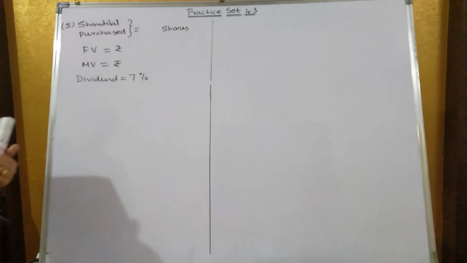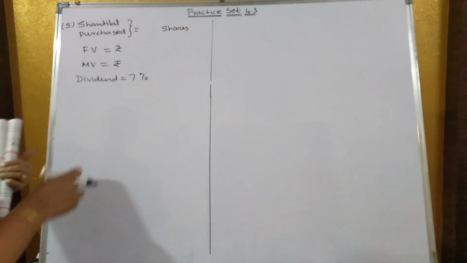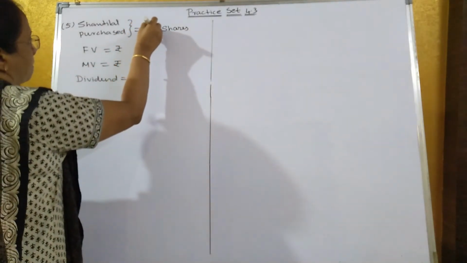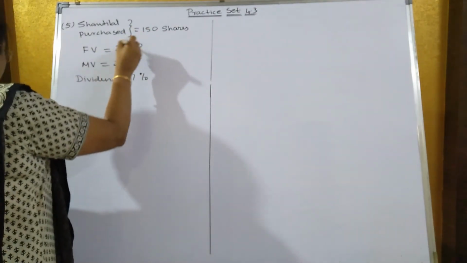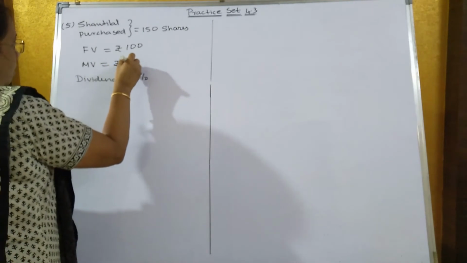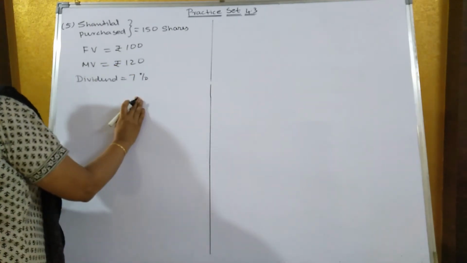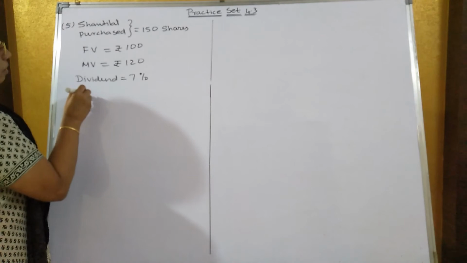Now the fifth sum. Shantilal purchased 150 shares. Face value is rupees 100 and market value is rupees 120. Dividend is equal to 7%. We have to find out the rate of return.